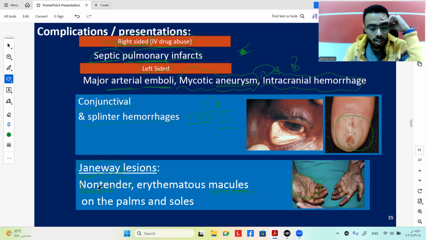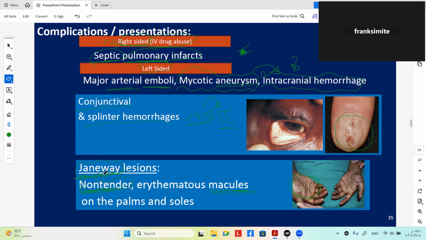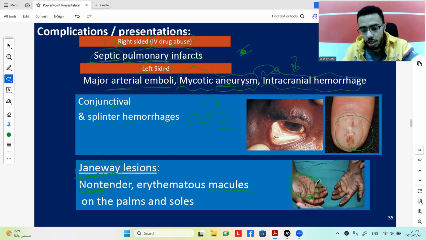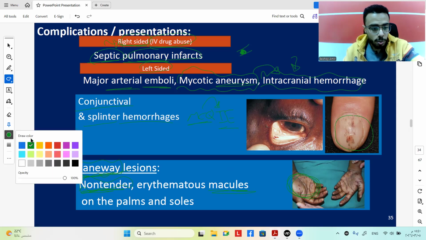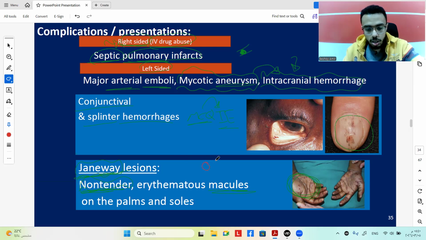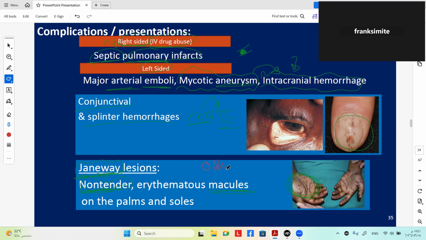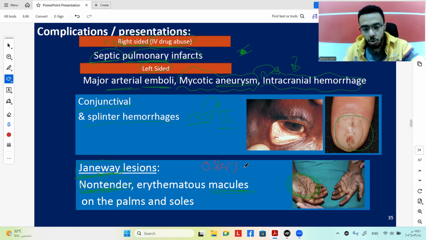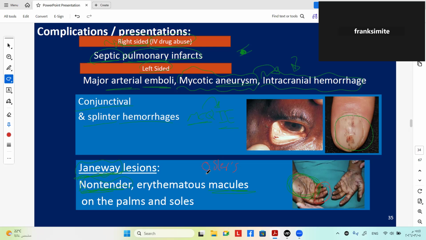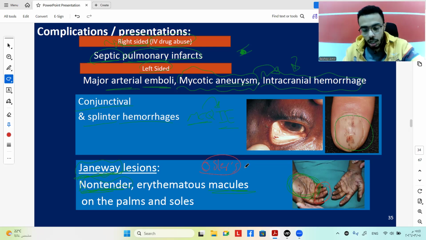You have to know very well it's not tender. We have Janeway for the palm, and we have something else called Osler's nodes, Osler's nodules. It's in the fingers. So Osler in the finger.